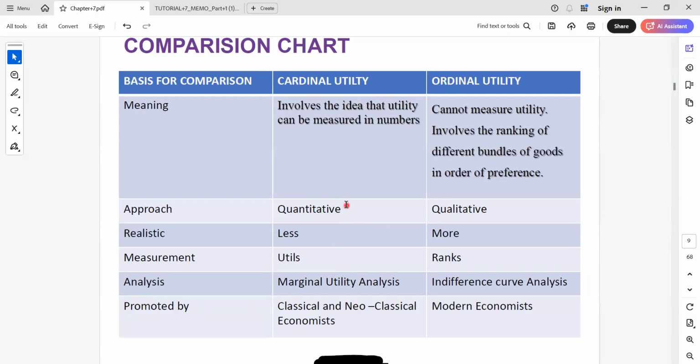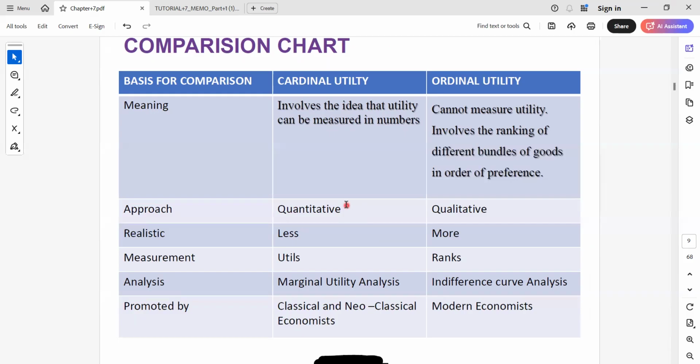For example, let's take your satisfaction when you eat a burger. The first burger, the satisfaction you get from eating it is high. From consuming the second burger, your satisfaction is also high, but not as high as the first one. So to avoid saying high, high but not that high, we just give those a certain number so that we are able to measure your satisfaction, the utility that you get from consuming those goods.